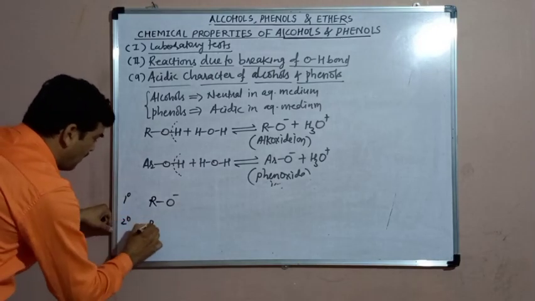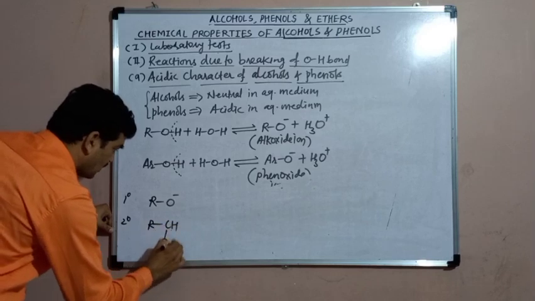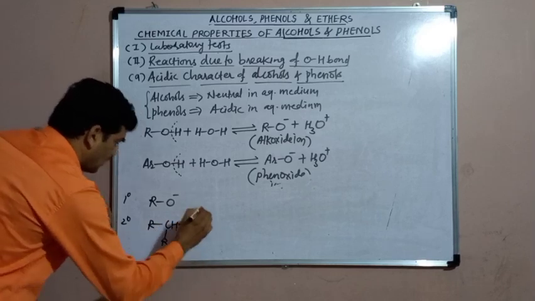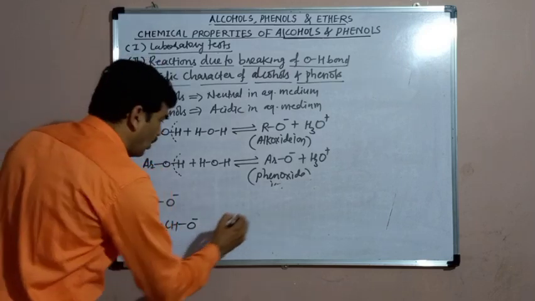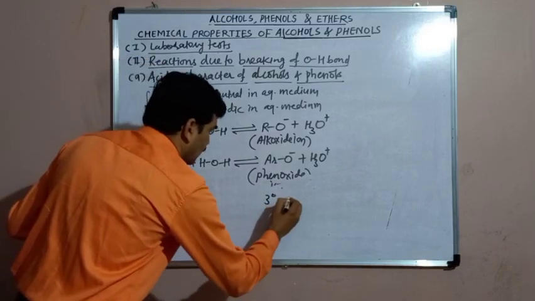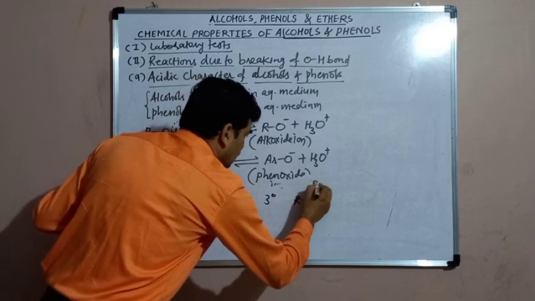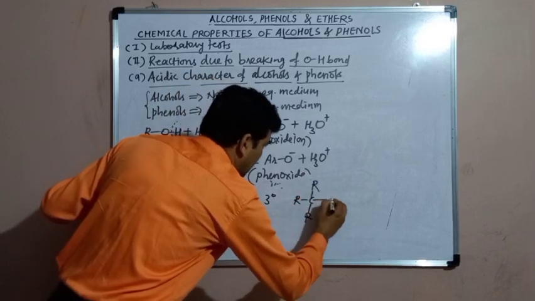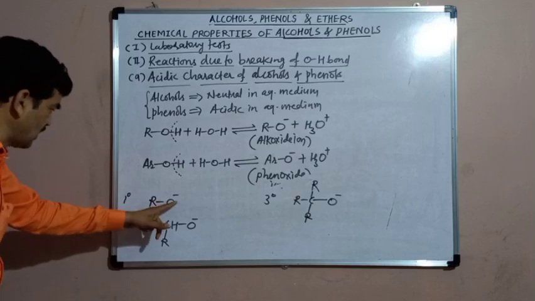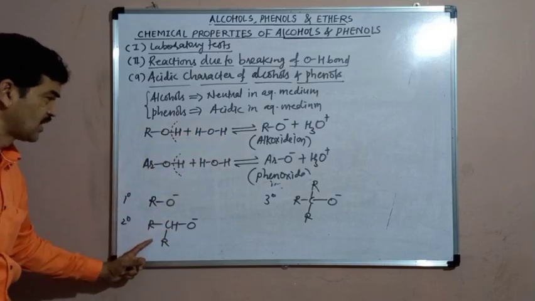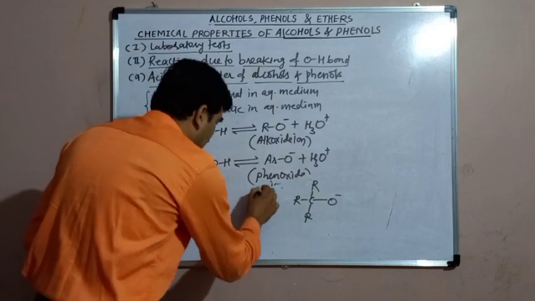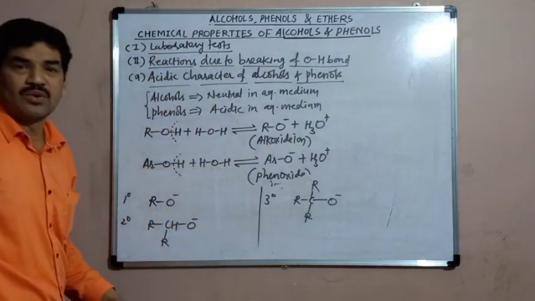Secondary alcohol will form this type of alkoxide ion. Tertiary alcohol will form this type of alkoxide ion. So this is the alkoxide ion generated from the primary alcohol, this is generated from the secondary alcohol, and this is the alkoxide ion which is generated from the tertiary alcohol.